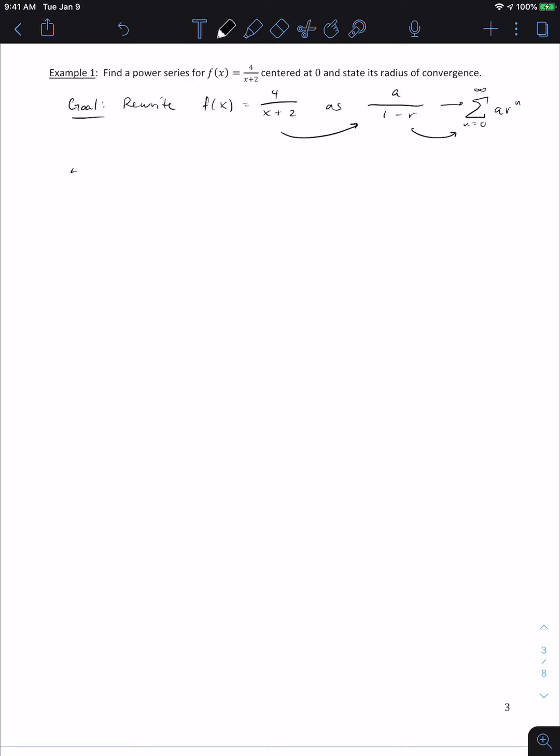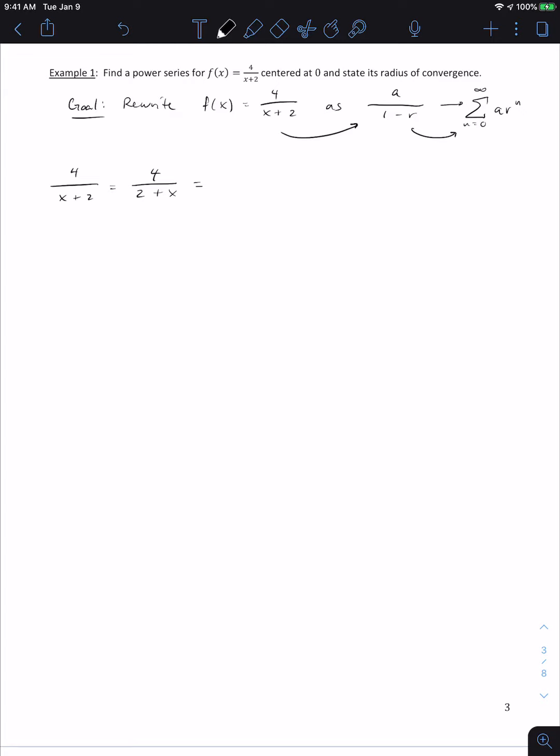Okay, so I take 4 over x plus 2. So first thing I like to do is just reorganize the denominator so that my x is over on the right. So I need it to be 1 minus something, right? So what am I going to do first here? I am going to factor out a 2.